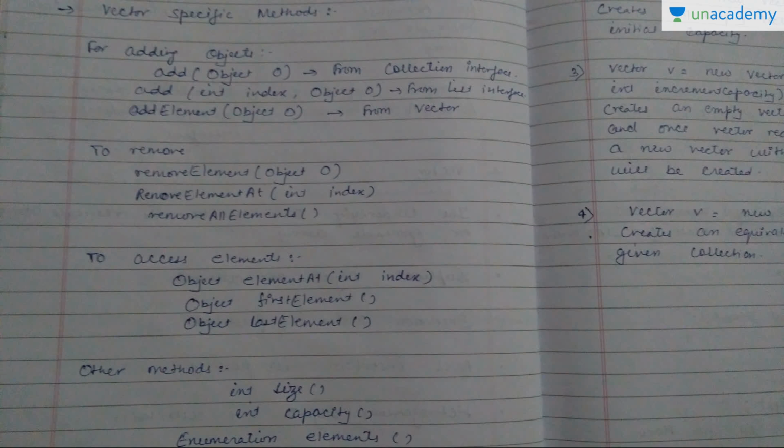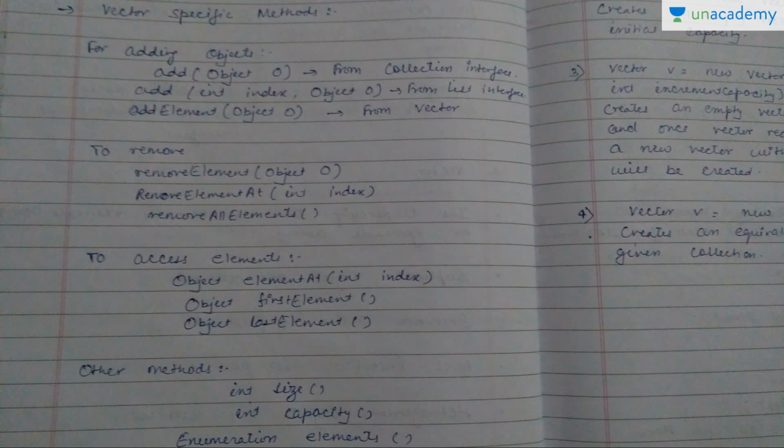Since Vector implements the List interface, it will have all the methods present in the List interface, and the same goes for the Collection interface. The third method is addElement(Object o). This came into the picture from the Vector class only. An object will be added with the help of this method.